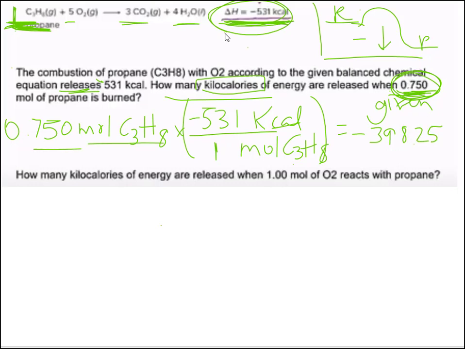And we need to look and say, okay, I started with 3 significant figures, sig figs. So we need to end with 3. So I'm going to go 1, 2, 3: 398. So negative 398 kcals.